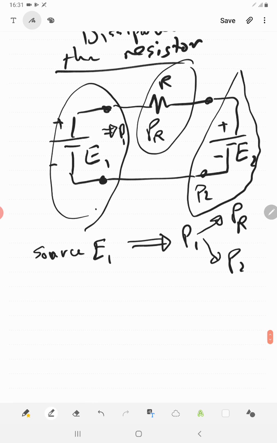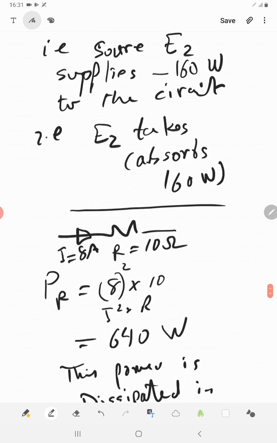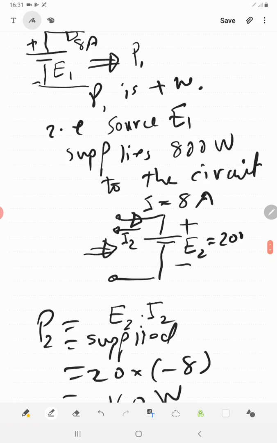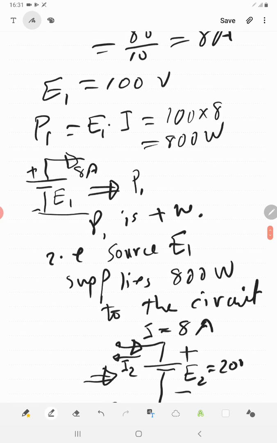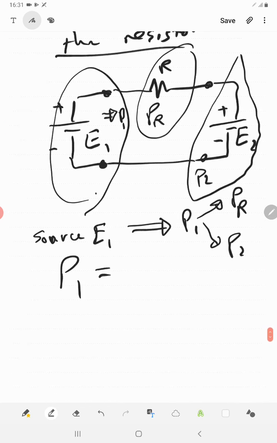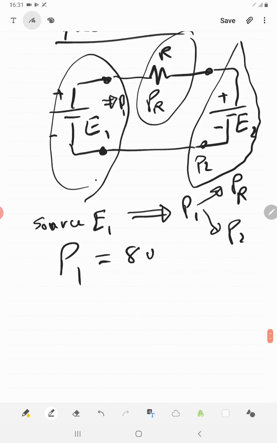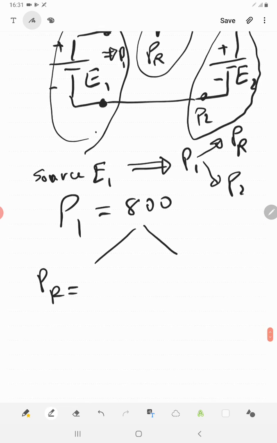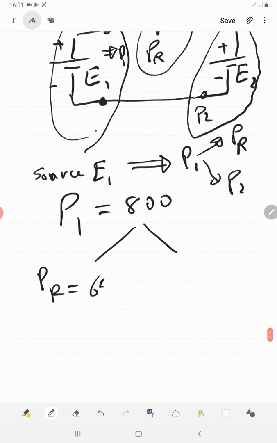Okay, so P1 we have calculated is 800 watts. This is distributed to PR, which we have calculated as 640 watts, okay.